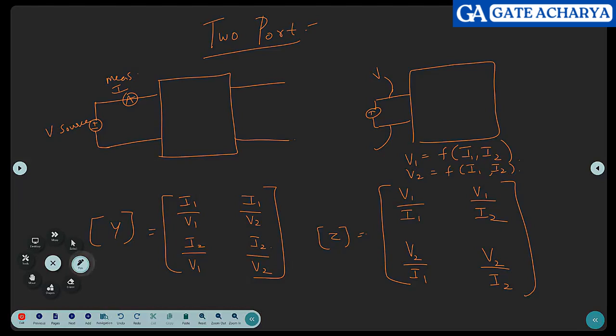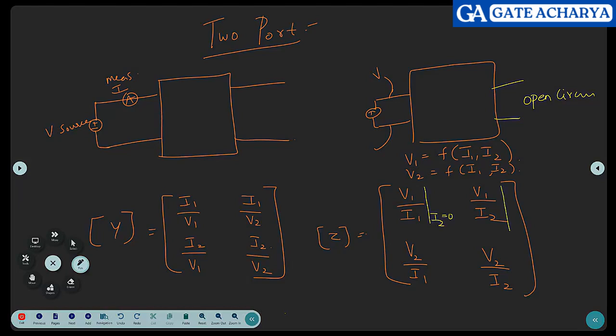How do we do that? Pay attention, there is lots of information here. How do you silence port 2? I2 is 0. How do you make I2 0? Make sure that no current flows. How do you do that? Open circuit. When you open circuit this, you make sure there is no current flowing.